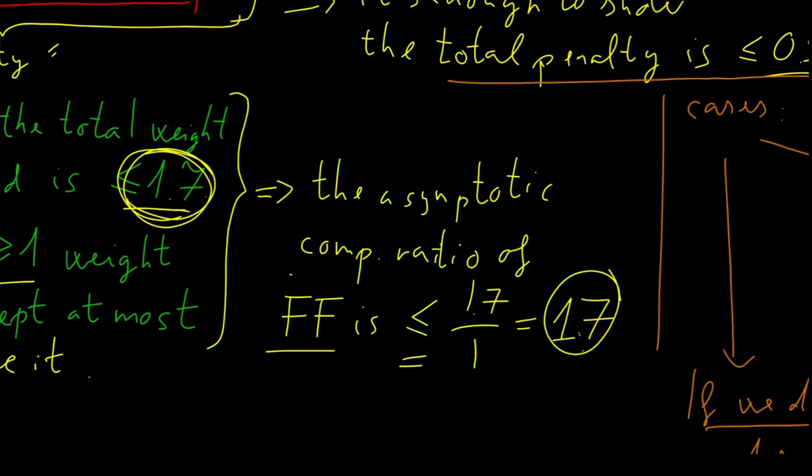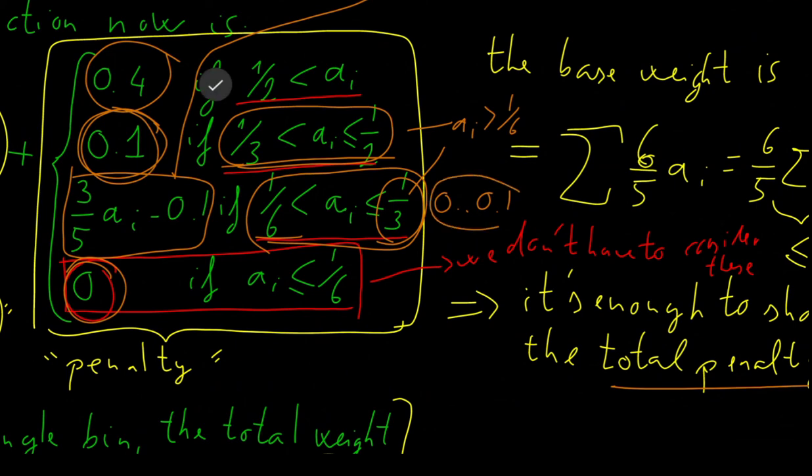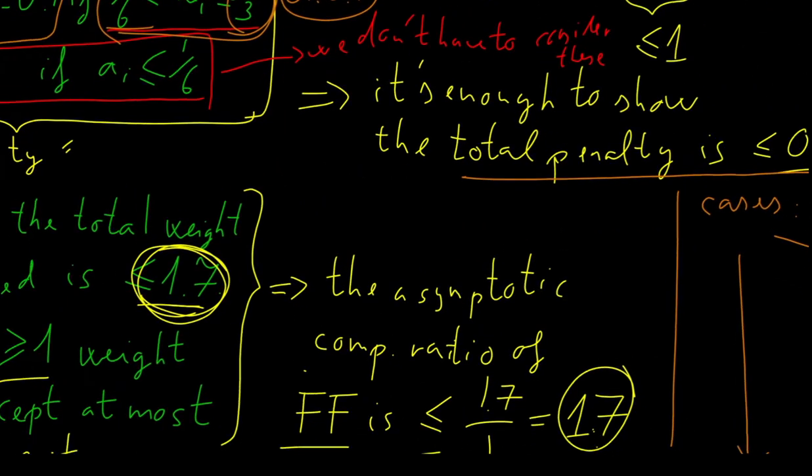Now for these two categories we have a penalty of 0.1, and a penalty somewhere between 0 and 0.1, which means that the penalty for these objects is always at most 0.1.